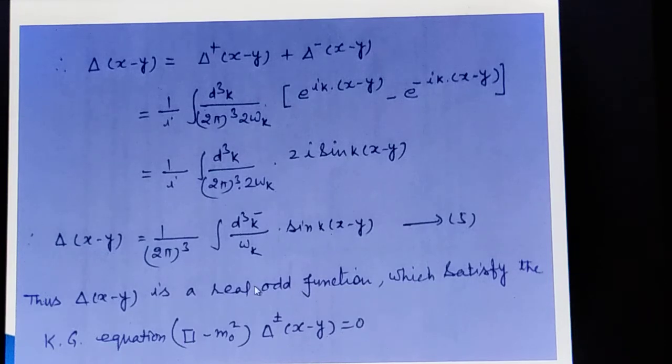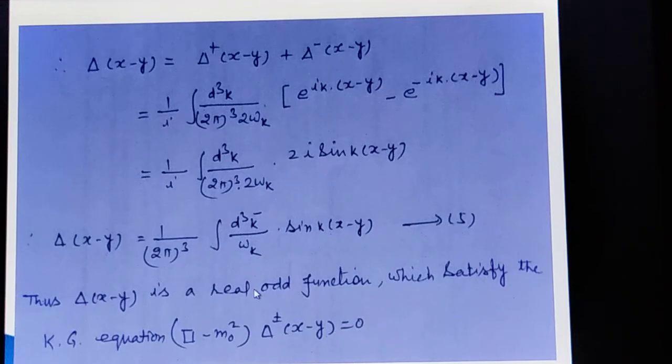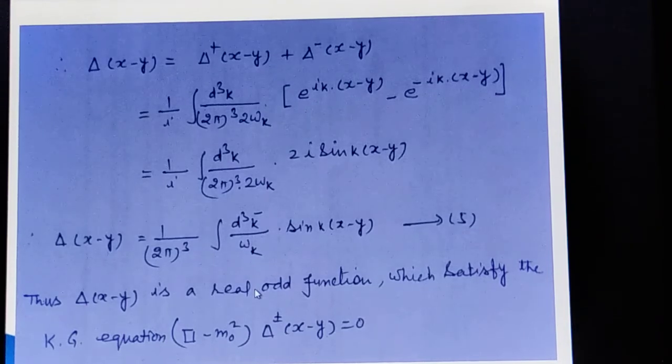So this is the real odd function, and this delta x minus y satisfies the KG equation, which is (box minus m0 square) delta plus-minus of x minus y, where box is the D'Alembertian.